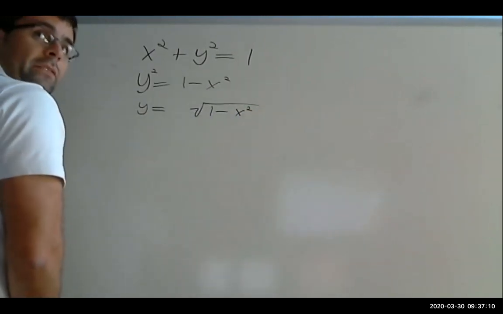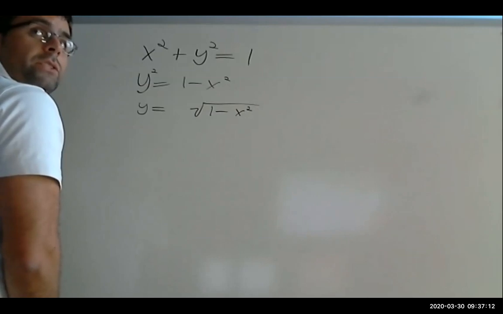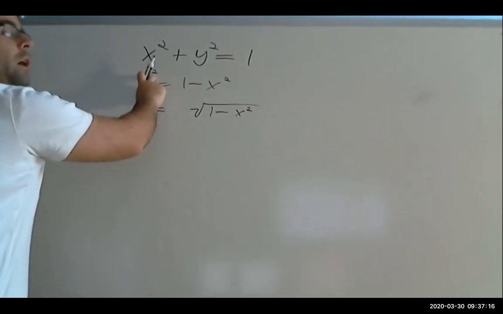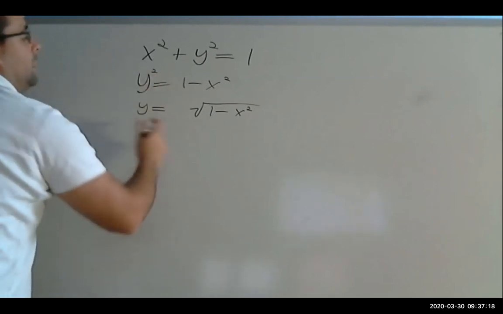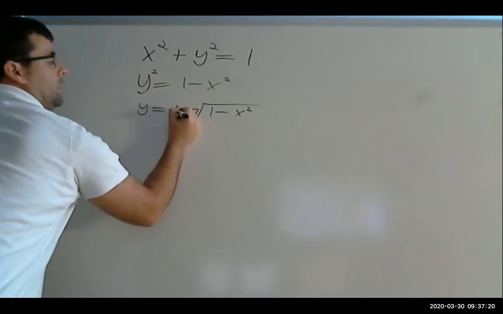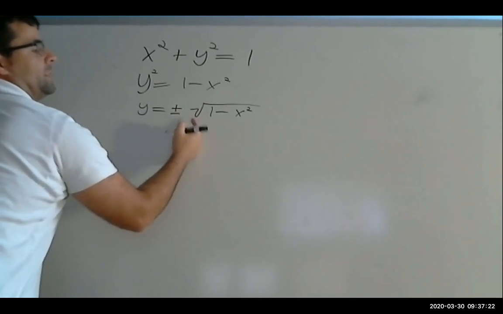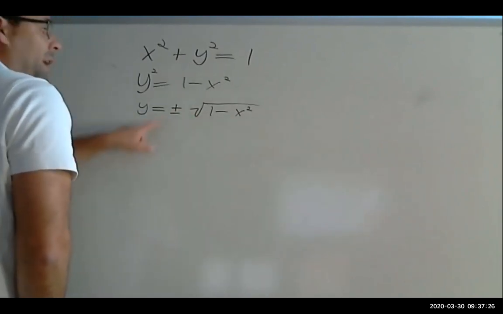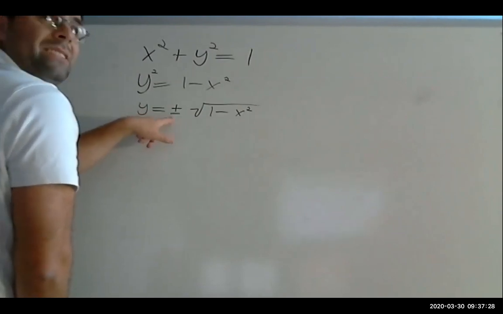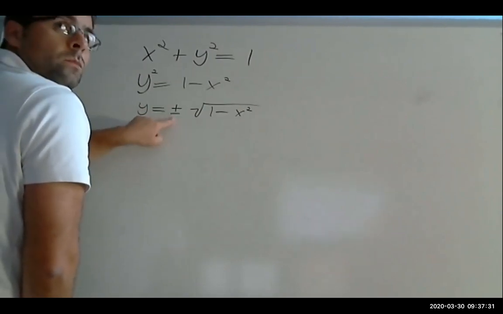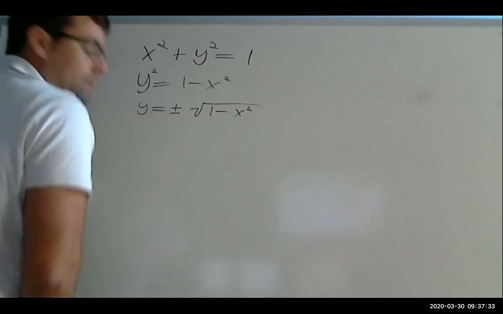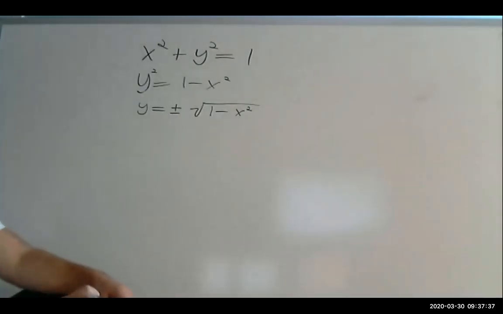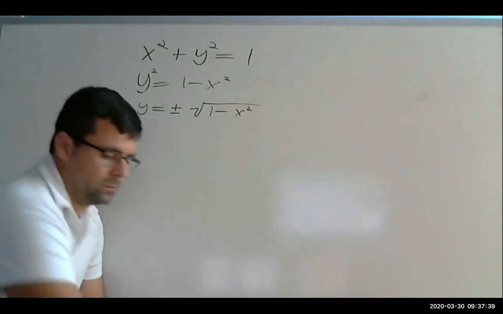Well, if this was the end of it, this would be a function. But when you take the square root of y squared over here, you get plus or minus this thing. And because you have y equals plus or minus something, that means you do not have a function.